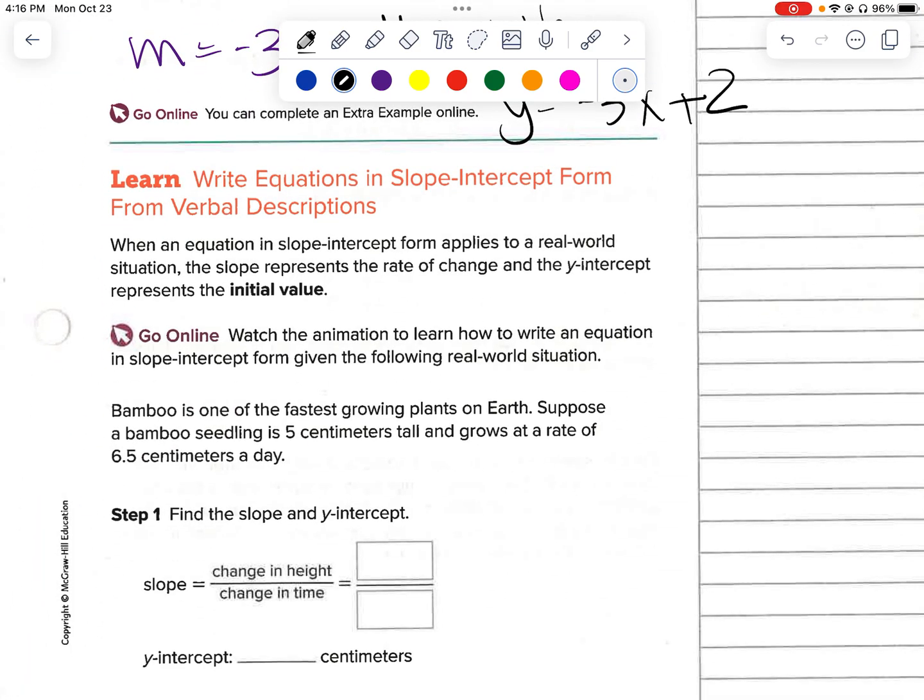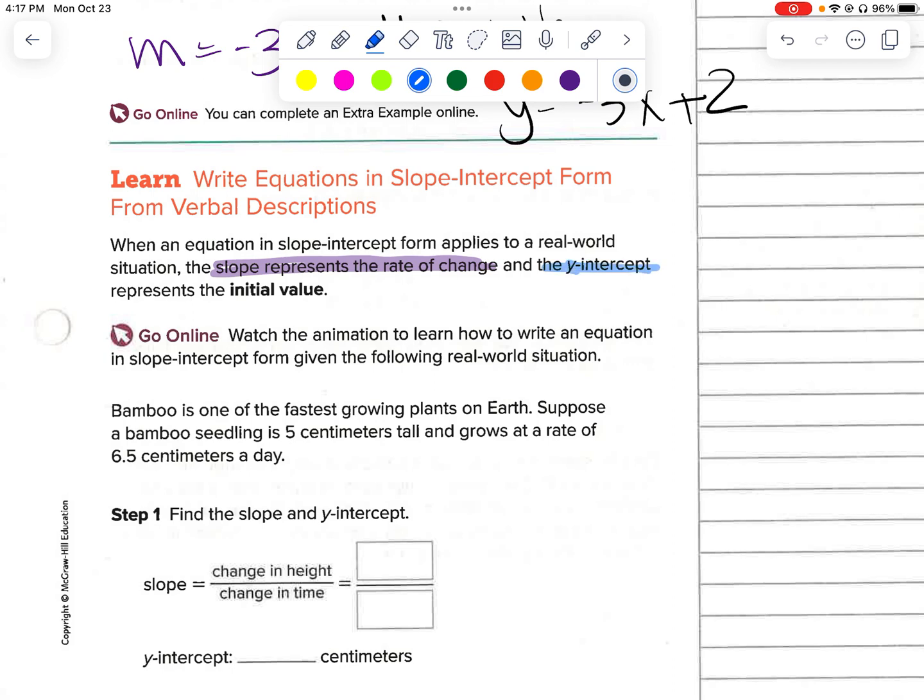Okay. When an equation in slope-intercept form applies to a real-world situation, meaning it's a word problem, the slope represents the rate of change, purple, okay? So slope represents the rate of change, and blue, there it is.